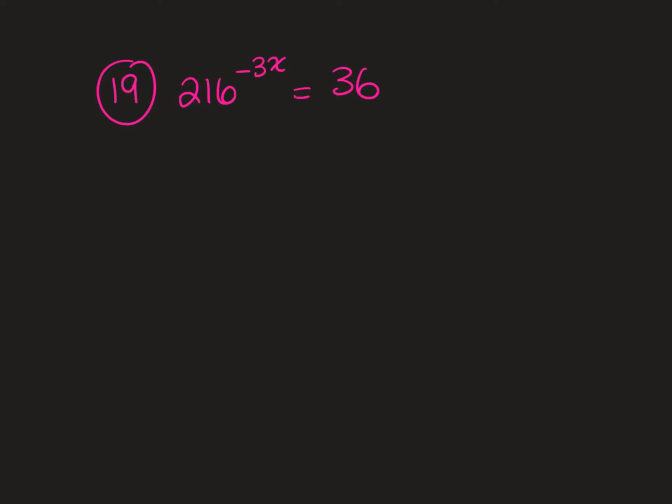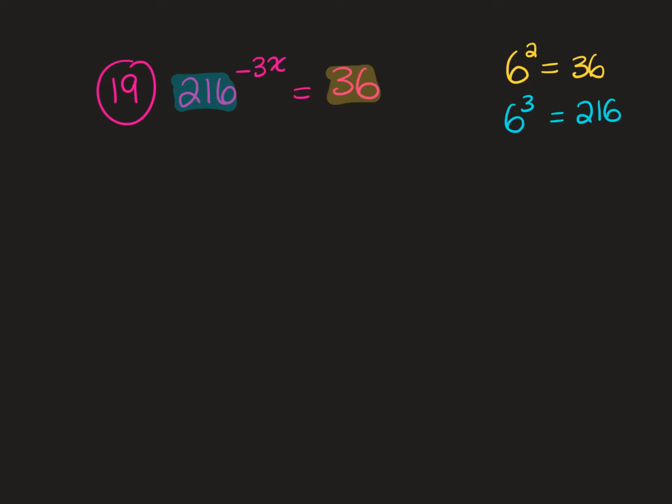You could start playing around with this a little bit and do some guessing and checking. 2 would work, but it gets to be pretty high powers and it might take you a while to figure that out. 6 actually works here, and you might think of that right away because you know that 6 squared is 36. And hopefully you know that 6 cubed is 216. If you don't know that, now you do.